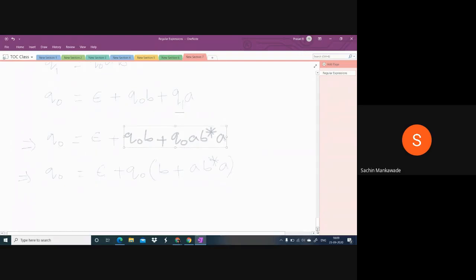Now look at this. The left side, Q naught, I am taking as R. This epsilon I am taking as Q, and this Q naught again as R. This whole thing I am taking as P. So R equal to Q plus RP.